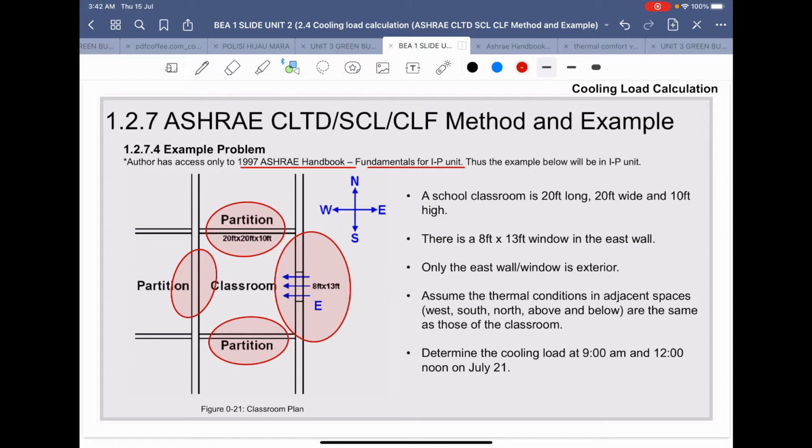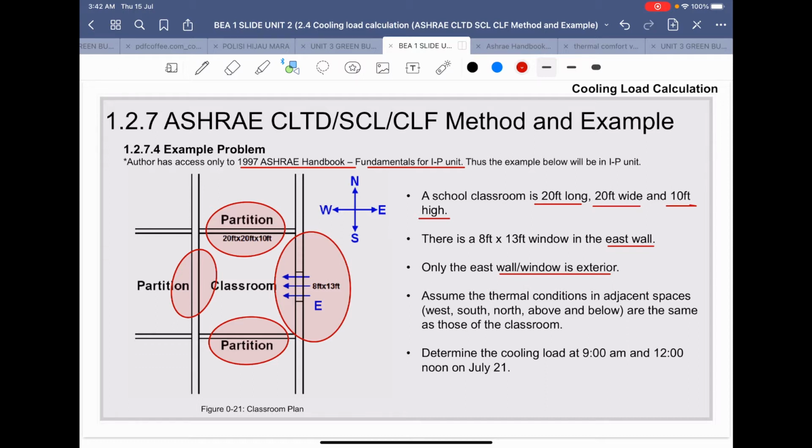This classroom is 20 feet long, 20 feet wide, and 10 feet high. There is also an 8 feet by 30 feet window in the east wall. Only the east wall is exterior, in contact with the outdoor air.